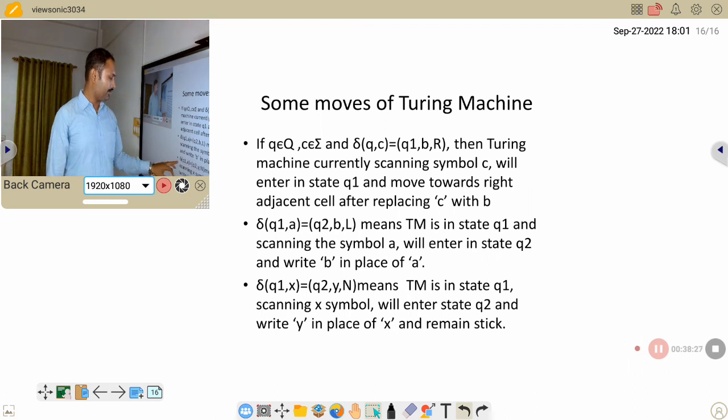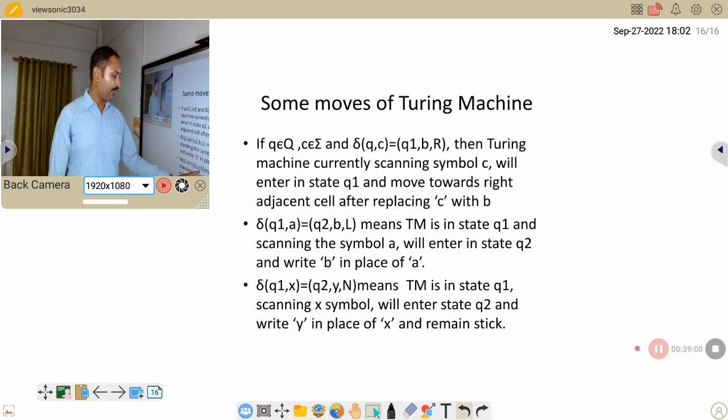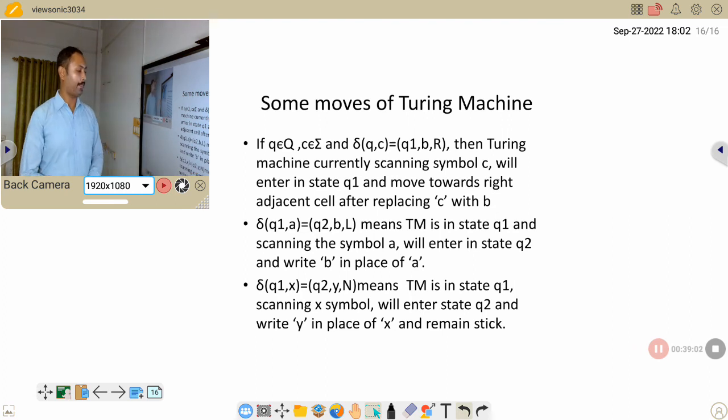This is a transition delta(Q1, X) = (Q2, Y, N), means our input symbol is X. After accepting X, the Q1 state will go to Q2 and X is replaced by the Y symbol, but after performing the replacement operation, the read-write head remains in the same position. That is why it is written N, means neutral.